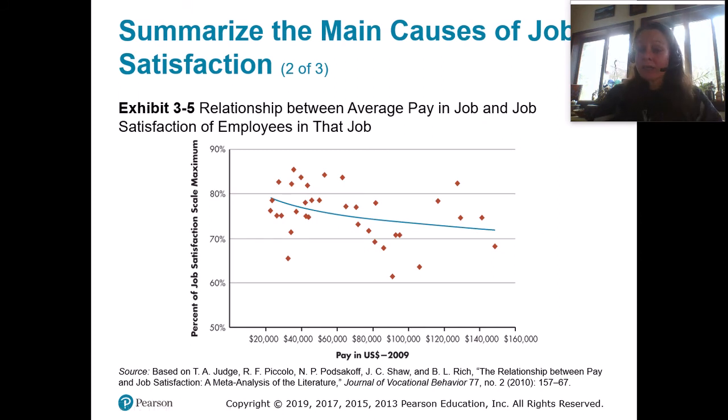So this is the other graph I find kind of interesting too. Even though pay, it's so weird because money is such a motivator in our society, but according to this scatter plot, the people who make the least amount of money seem to be happier than people who make more money a year.